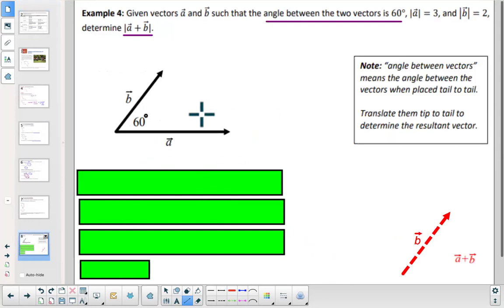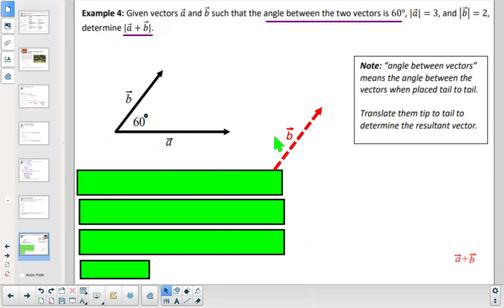Because I can clearly see, we're solving this with vectors, their tails together, because the question is giving me the angle between them. What I can do is take the equivalent vector. I want to translate my vectors so that they are now tip to tail.